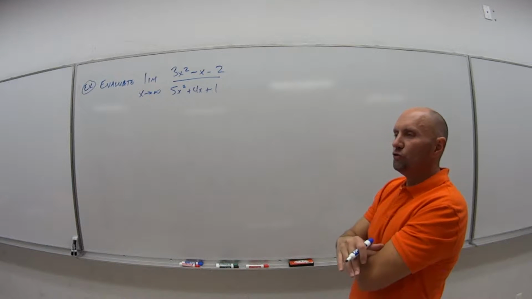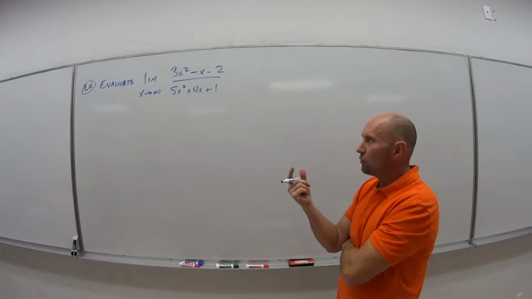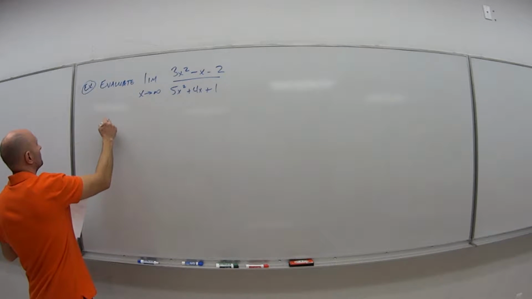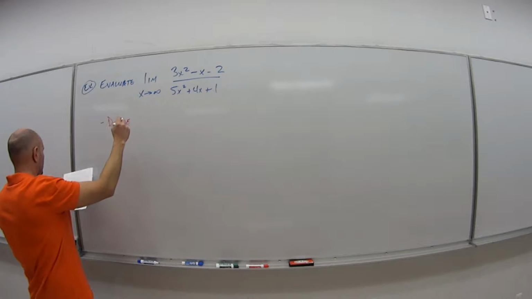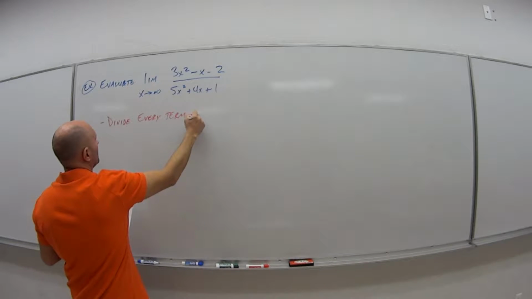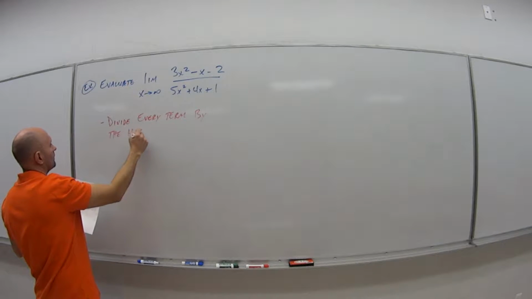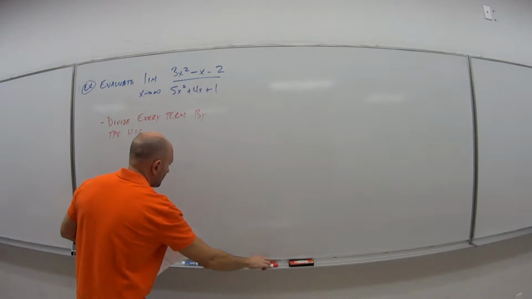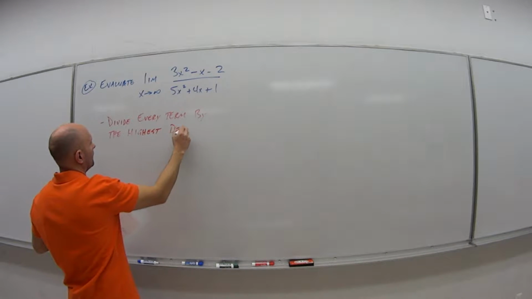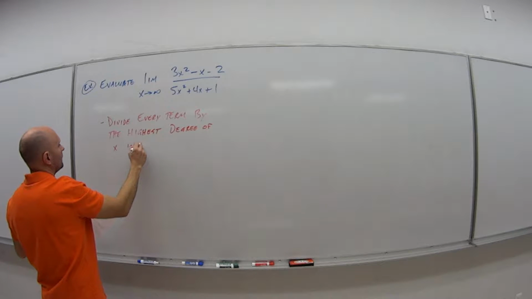So for the first step to actually get to a value of what this limit approaches, we are going to divide every term by the highest degree of x in the denominator.